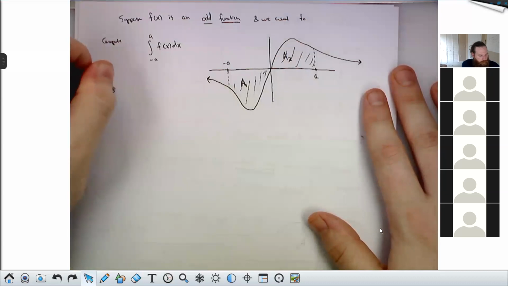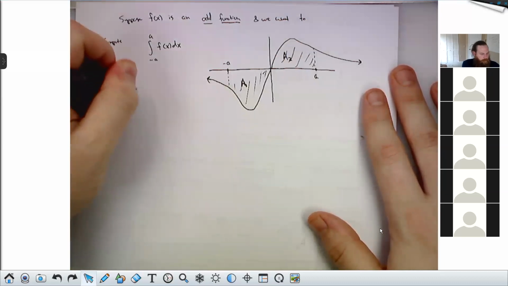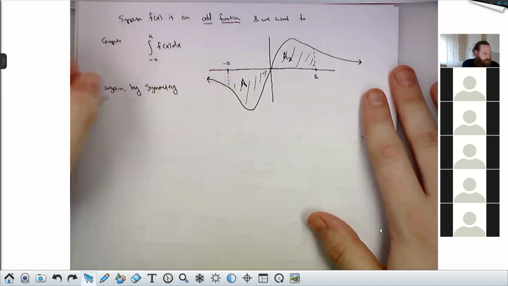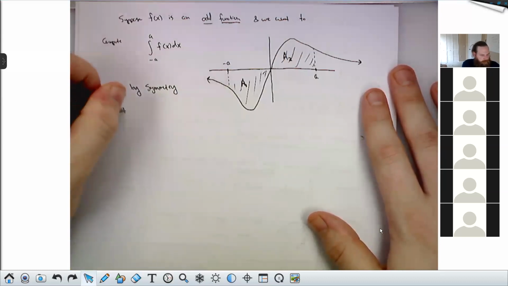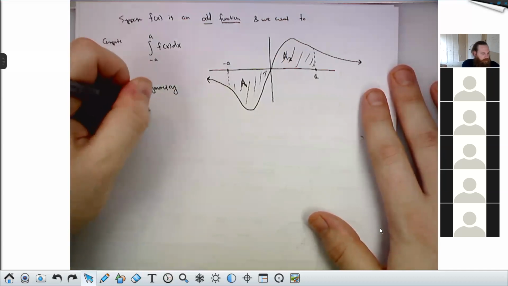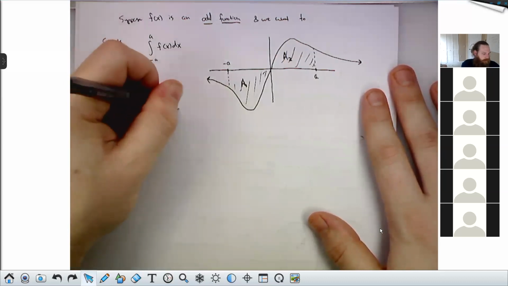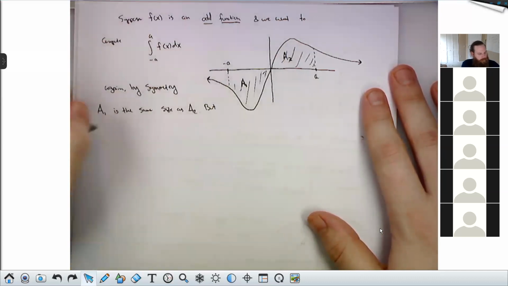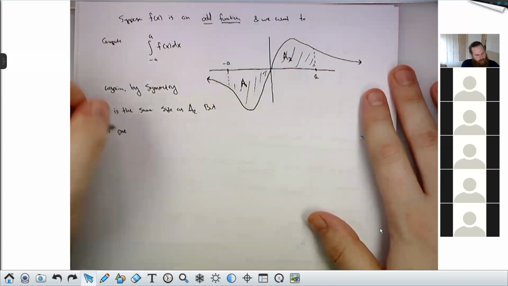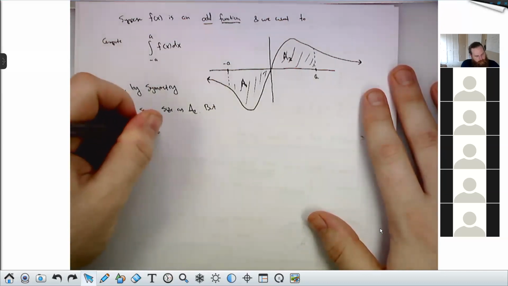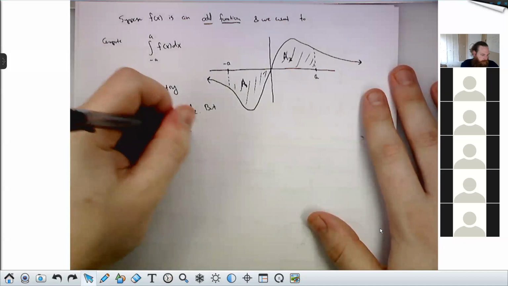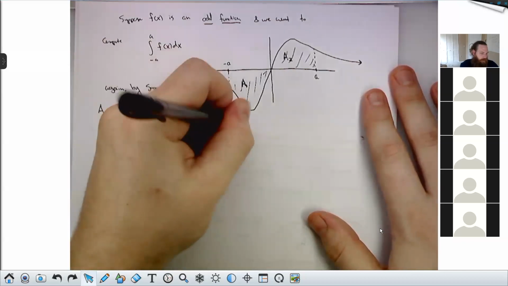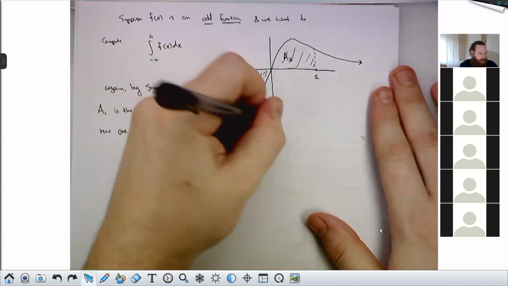So again, by symmetry, A1 is the same size as A2, but now one is below the x-axis and the other is above.